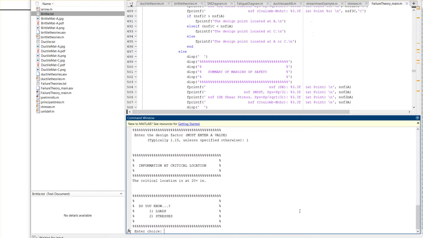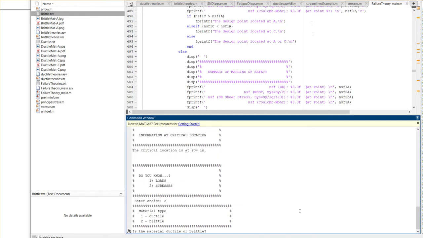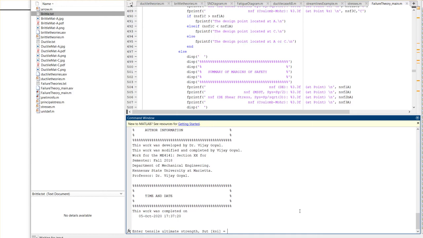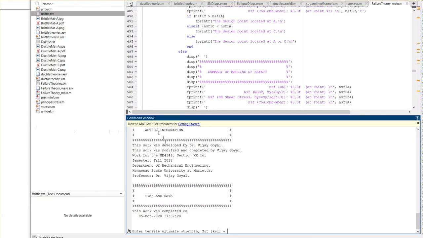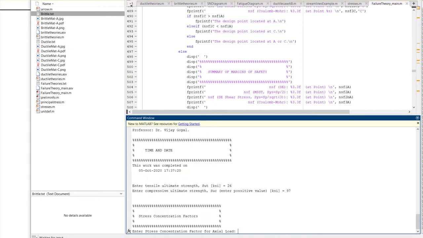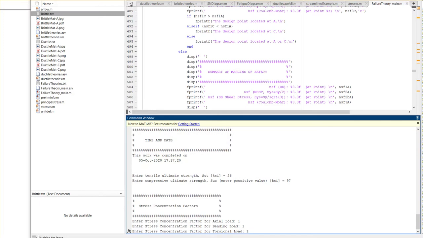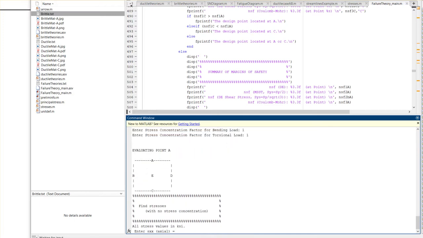We have stresses, that's what we have, it is a brittle material, and then the values were 26 and 97. Your stress concentration factors, well, the stresses are given. Since the stresses are given, we can just take this equal to 1. The stresses all include any type of discontinuity that the problem has.